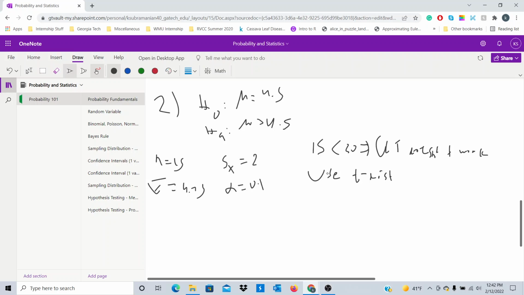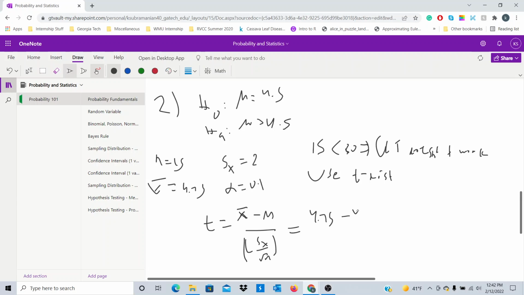When we use the t distribution, we need to get a t-score. The t-score is going to be the sample mean minus mu, over s sub x over root n. Just like how we calculate the z-score, we're just using the t-score instead. The formula is exactly the same. So the sample mean is 4.75.